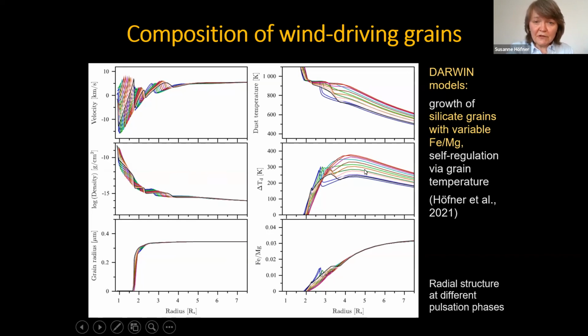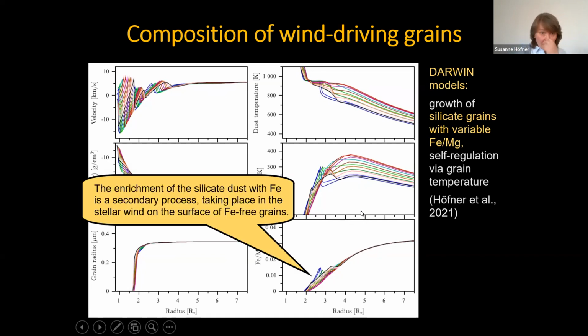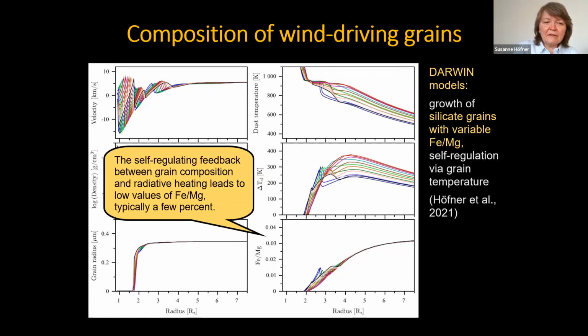So you get substantial heating, even if you just include a few percent of iron in the grain relative to magnesium. You can get several hundred degrees of heating here. Like I said, the enrichment of the silicate dust is a secondary process in the wind, and the self-regulation leads to low values of iron to magnesium.